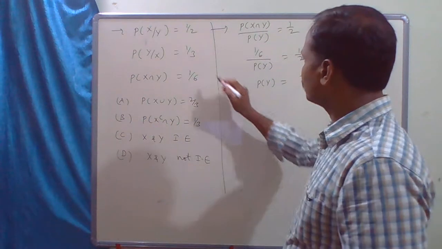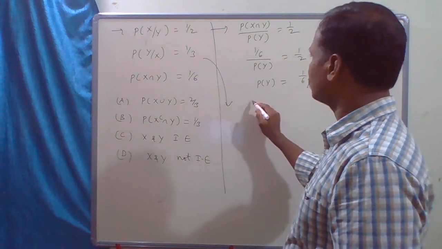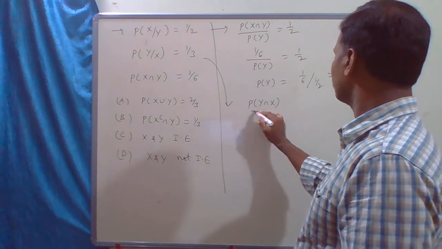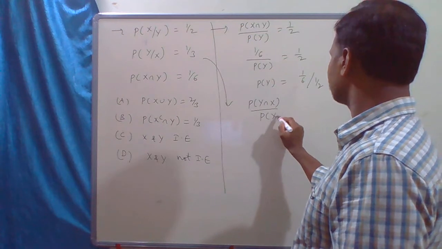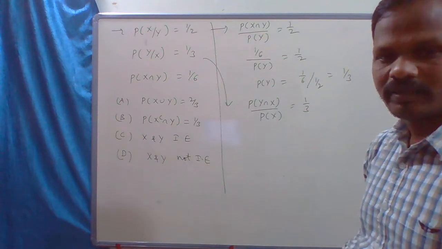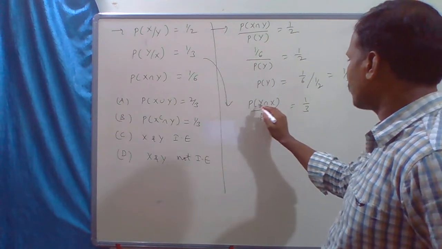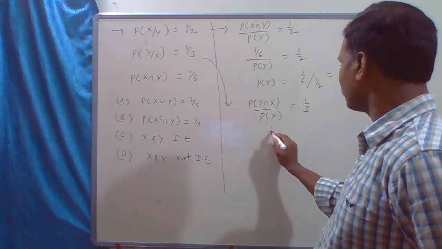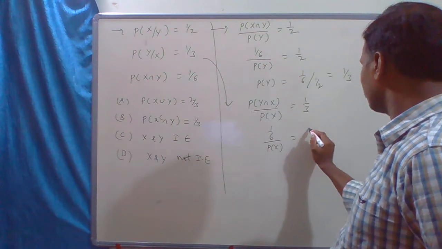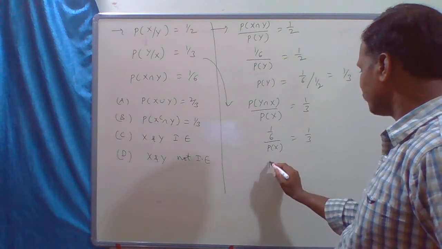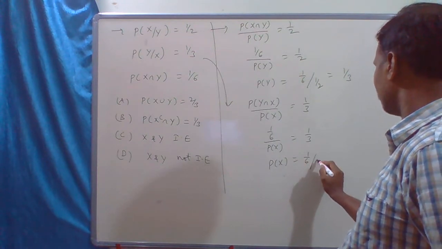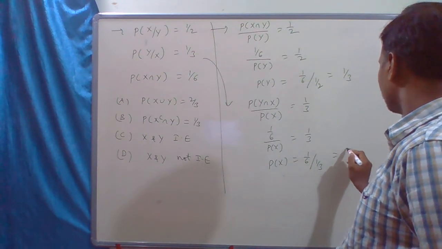Now from probability of y given x, which is probability of y intersection x by probability of x, equals 1 by 3. Clear? Now the probability of y intersection x is 1 by 6, by probability of x equals 1 by 3. So from this, what is the probability of x? 1 by 6 by 1 by 3, which equals 1 by 2.